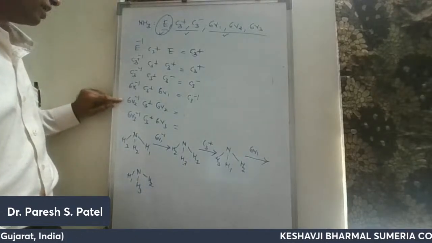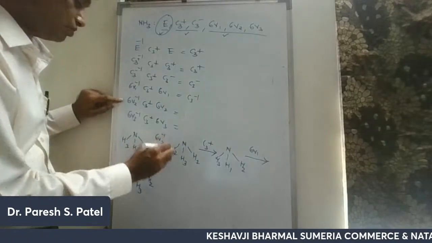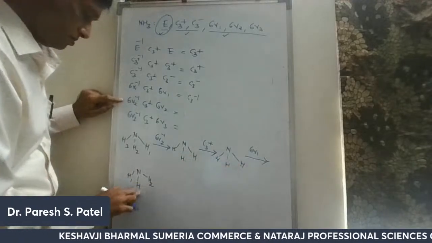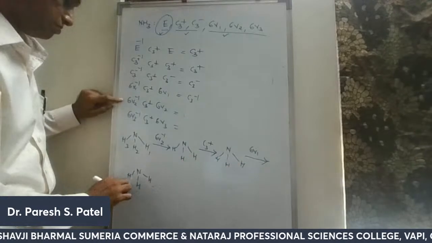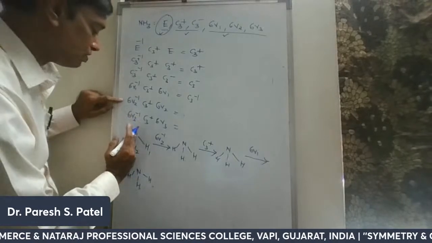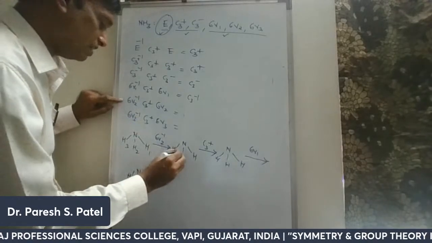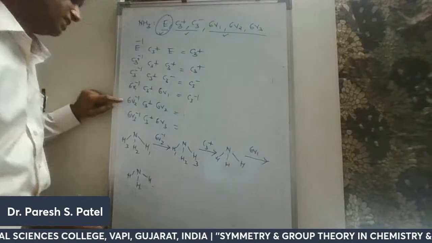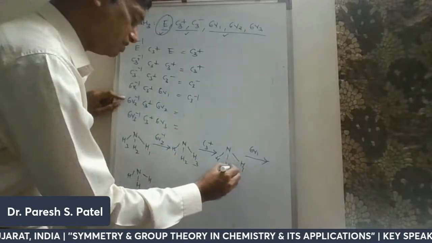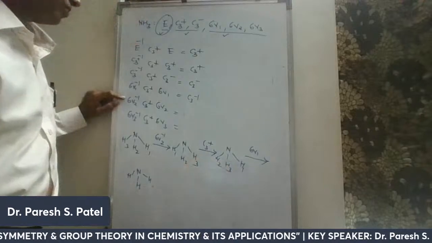Similarly, if you go for the sigma 2 inverse, it means we have to put a mirror over on the hydrogen. So 1 and 3 are interchanged, 2 as it is. Then C3 plus, it means 1, 3 and 2.